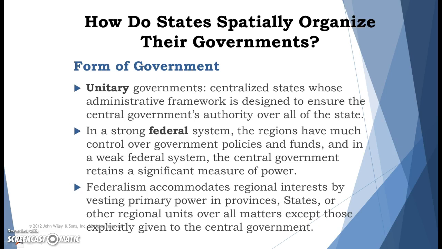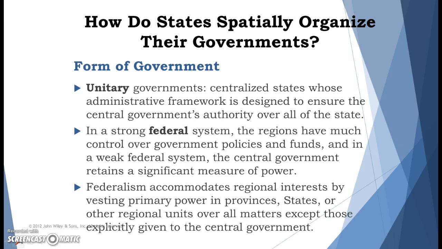Federal systems, on the other hand, are what we live with here in the United States. These are systems in which regions have a lot of control over government policies and funds, particularly as they're applied locally. Even in a weak federal system, the central government still retains a lot of power. We call our system federalism, and the ism would be the belief in a federal system.